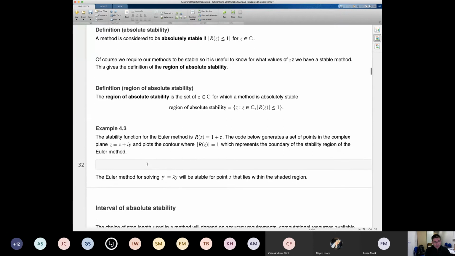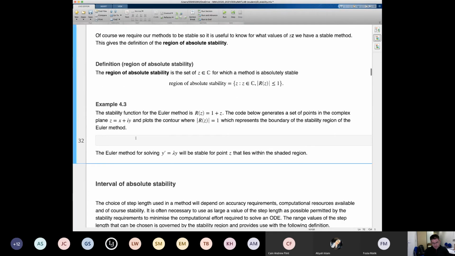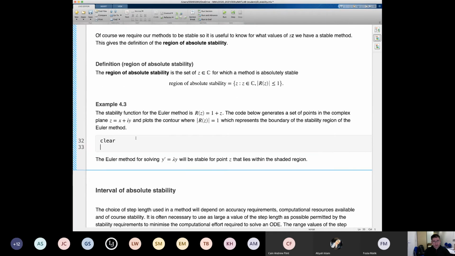Okay, so now the stability function for the Euler method is 1 plus z, and we saw that earlier. And what I'm going to do is plot the stability region for the Euler method. Okay, so that's what I'm going to do here.